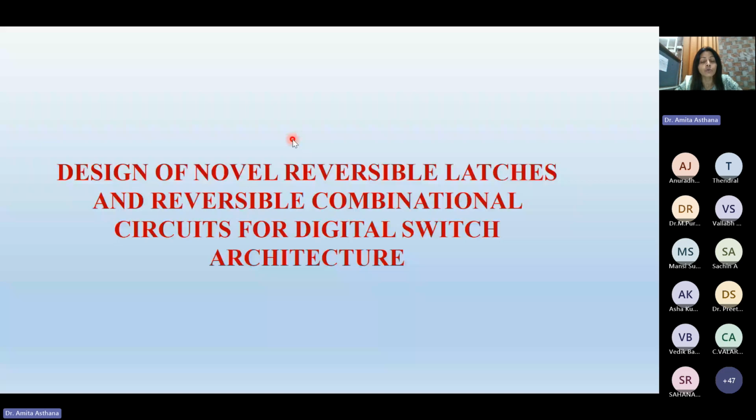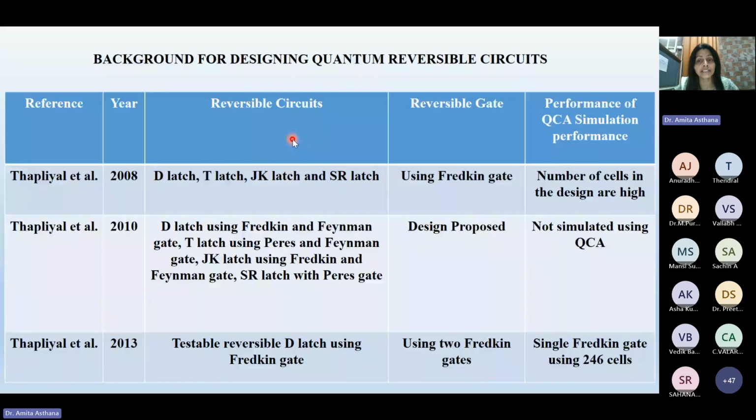Digital switch architecture can also be designed using reversible logic circuits. Here the basic idea was to improve the reversible gates. And as we know, there are so many reversible gates: Feynman gate, Fredkin gate, Peres gate, whatever it is.